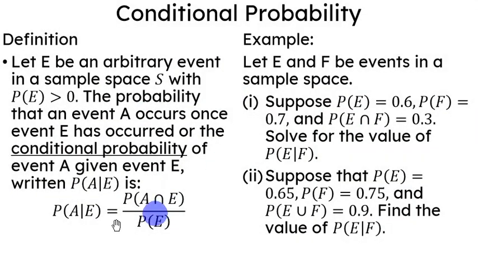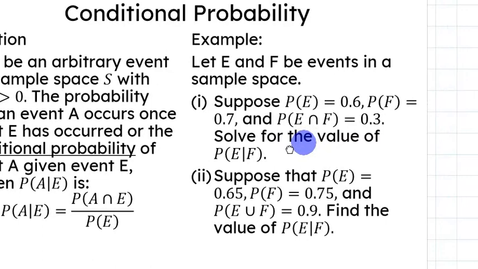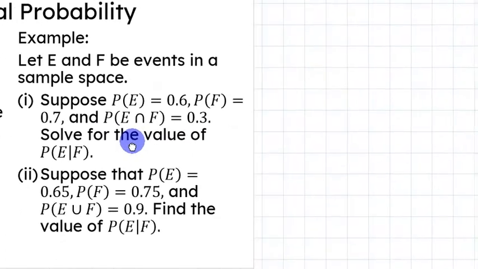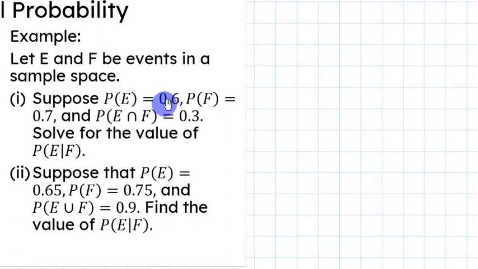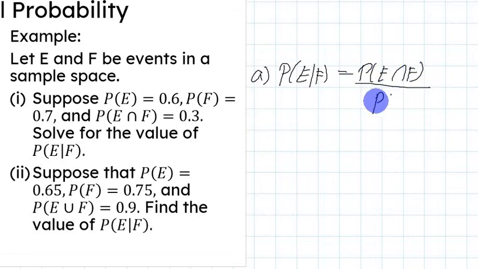So there you go. So let's practice using this formula. Let E and F be events in a sample space. Suppose P of E is equal to 0.6, P of F is equal to 0.7, and P of E and F is equal to 0.3. We're asked to solve for the value of the probability of E given F. So again, our formula is the probability of E given F would be equal to the probability of E and F all over the probability of F. The probability of E and F is 0.3.